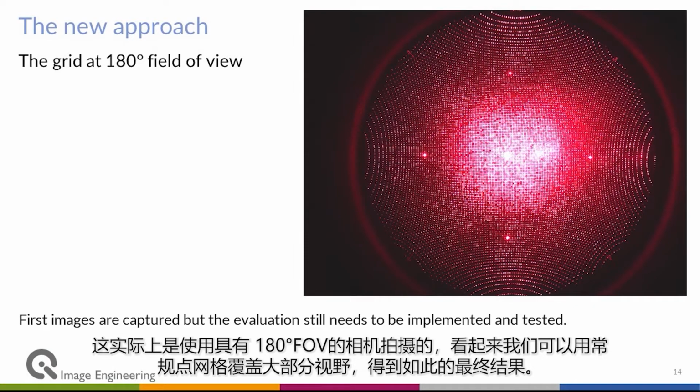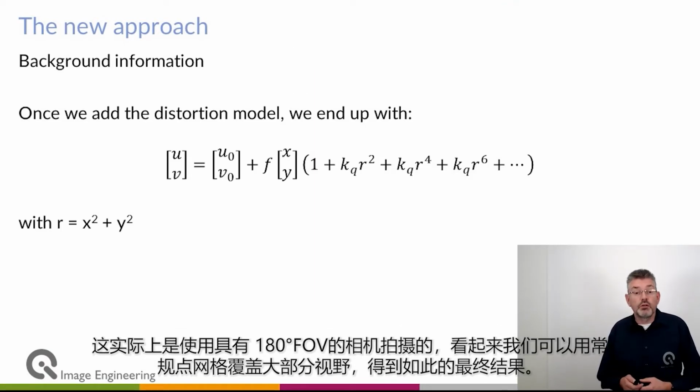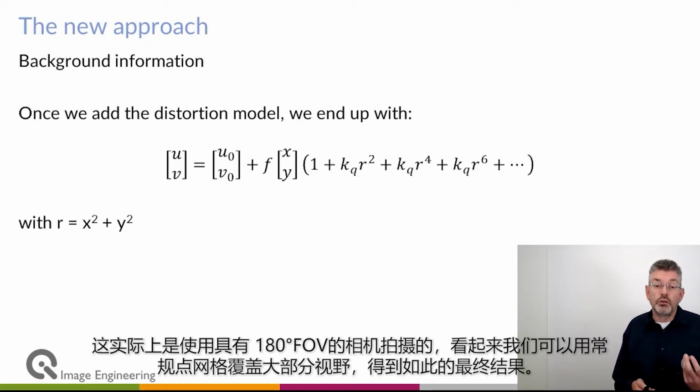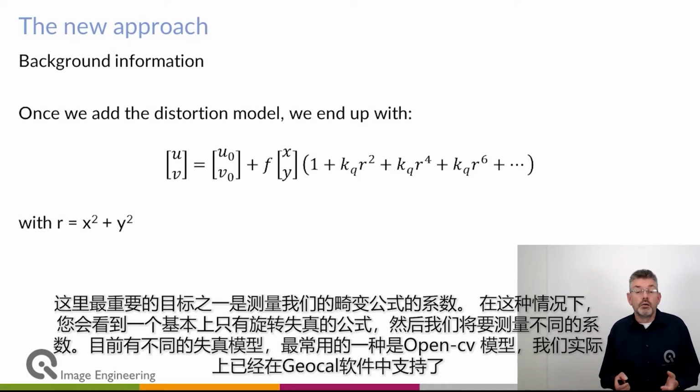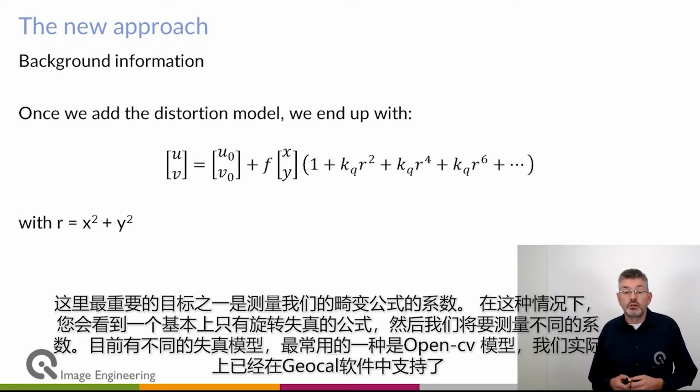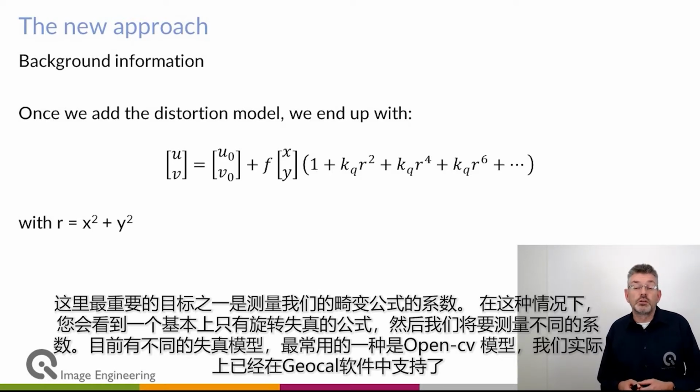So once we have done all that, we of course need our distortion model. One of the most important aims here is to measure the coefficients for our distortion formula. In this case, you see a formula that basically only has rotational distortion, and we have the different coefficients that we are going to measure.